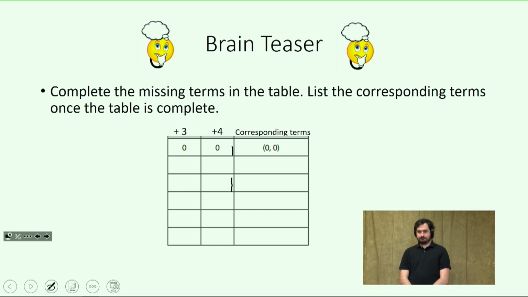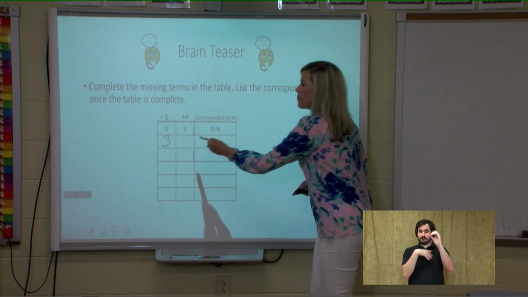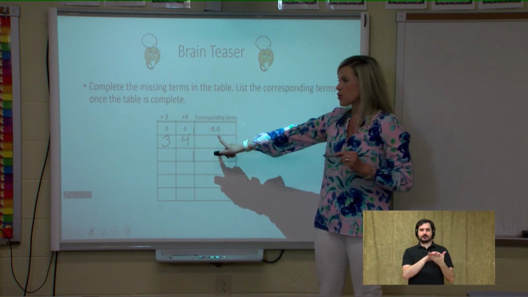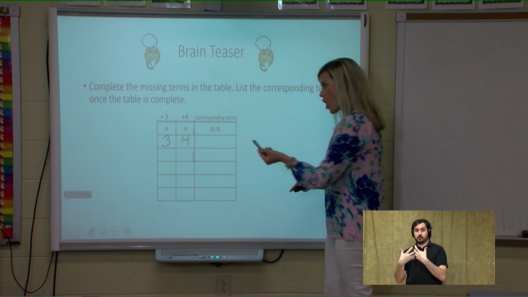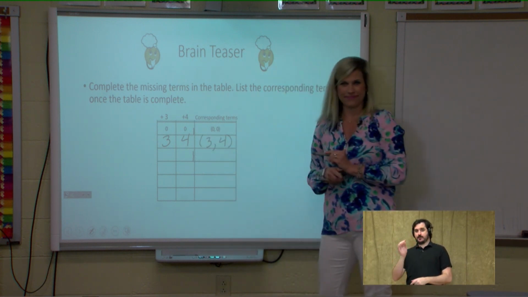Okay, when I look here, my first term after 0 is going to be 3, isn't it? Because I'm adding 3 each time right here. For this 0, I'm adding 4 on this part of the table, so I'll put a 4. And so my corresponding terms are 3, 4.